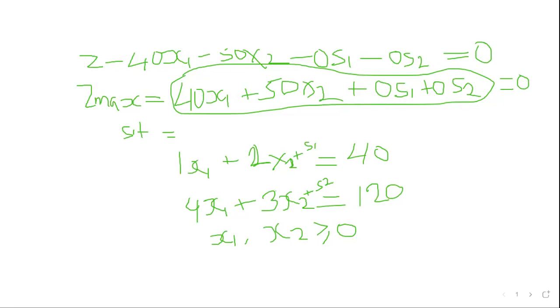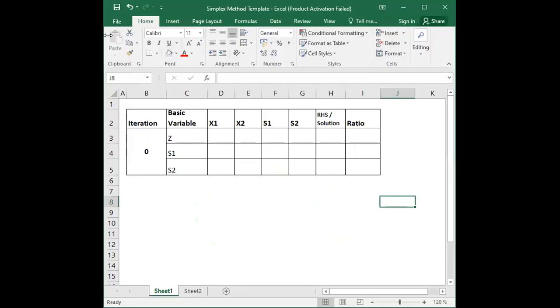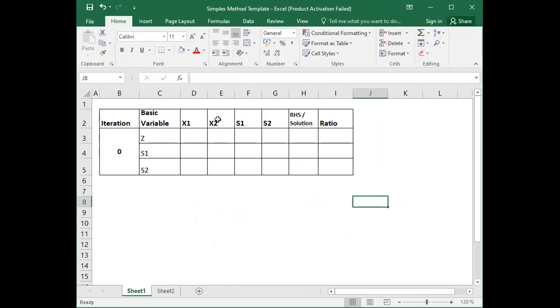So you realize that when you come to your Excel, you have X1, X2, S1 and S2. So you're going to put the values or the coefficients of those ones on each of the rows. So when you take the zero row, the X1 value there is what?